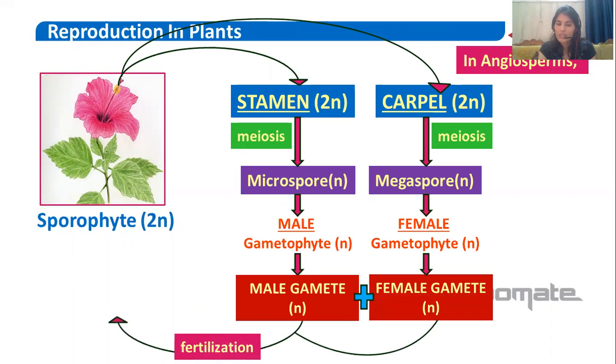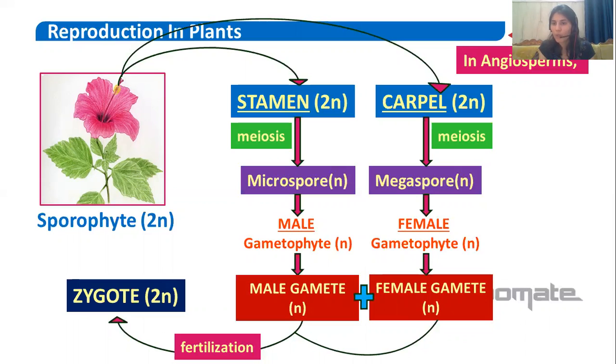Further, the male gamete and female gamete will fuse, and this is known as fertilization. What is fertilization? Fusion of the male and female gamete. From fertilization, what will form? The zygote, and the zygote is 2n, because the male gamete and female gamete are both haploid structures, and when both haploid structures fuse, the result will obviously be diploid.